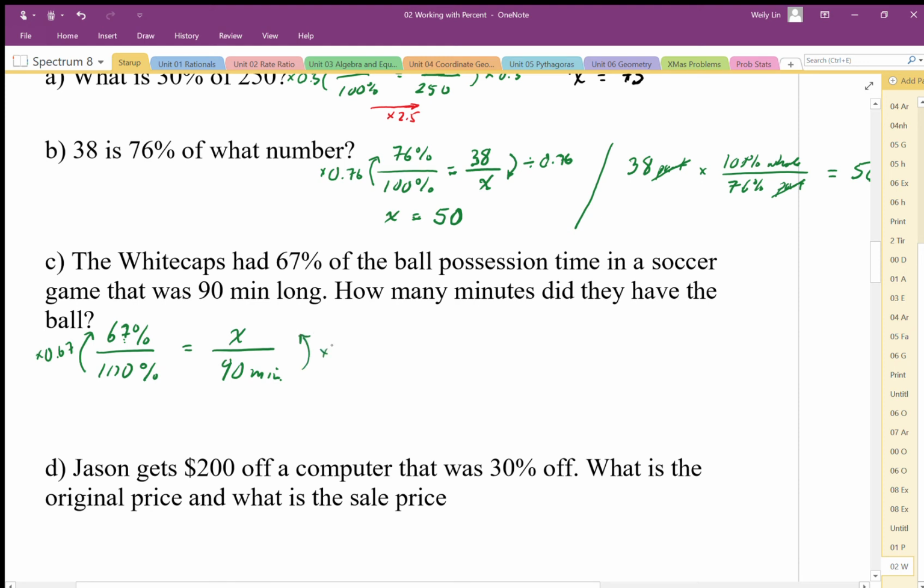So 90 minutes times 0.67 gives us 60.3 minutes. So the Whitecaps had 60.3 minutes of possession during this game.